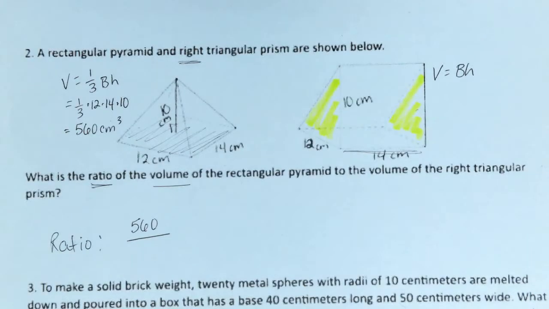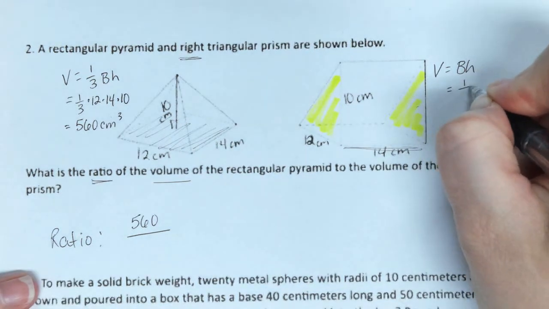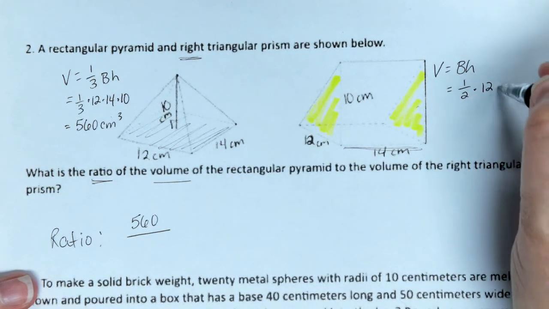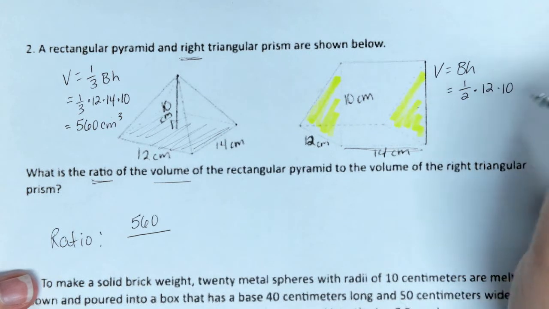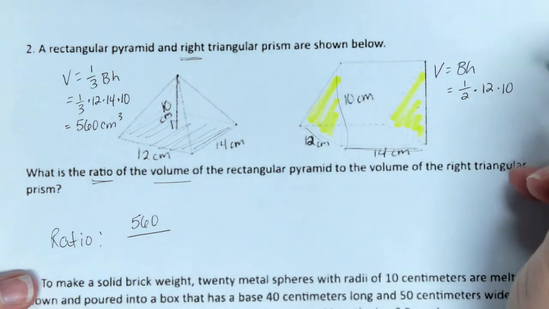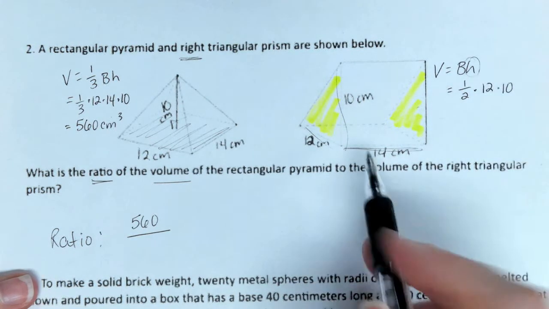So when you look at this, the base is 12. So we've got half times 12, and then the height of the triangle is 10. So we're talking about base times height. Now, this one over here, the height is the one we talked about here.